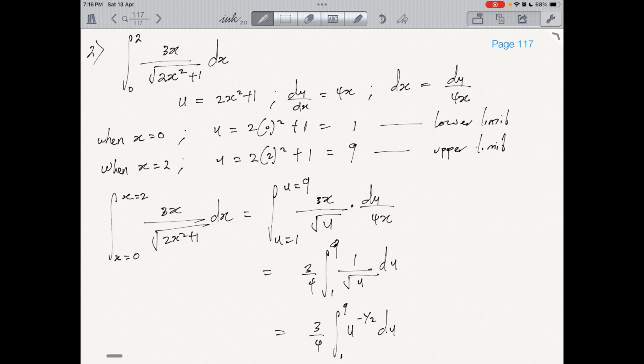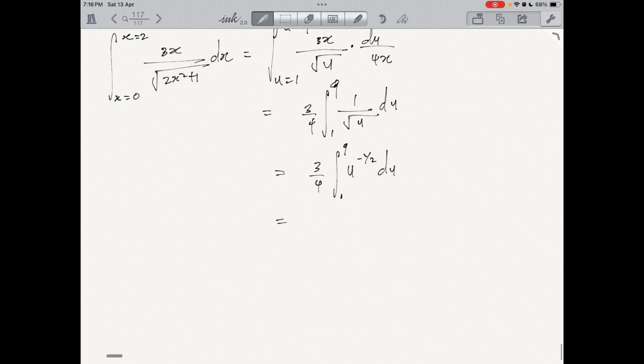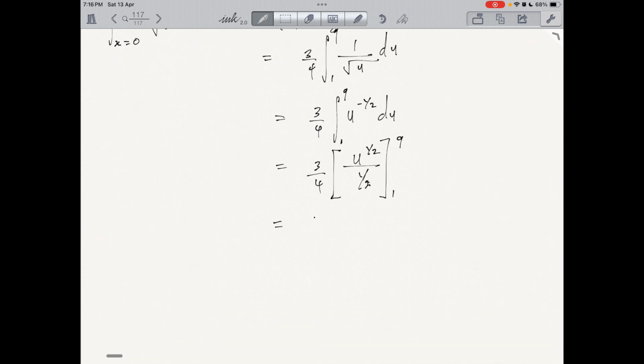So let us integrate u raised to power minus half, and we have u raised to power half divided by half from limit of 1 to 9. So this gives us 3/2 of u raised to power half from 1 to 9. That is 3/2 with the square root of u from 1 to 9.